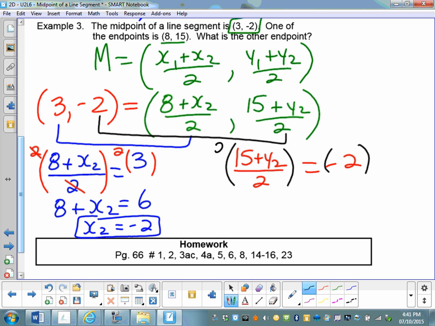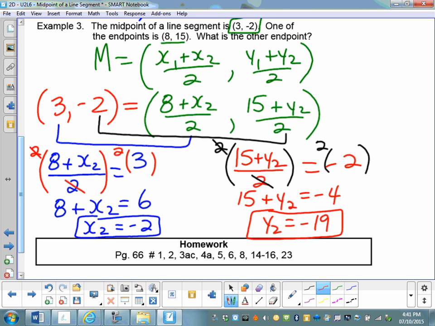I'll multiply both sides by 2. The 2's will divide each other on the left side here. So I'm left with 15 plus the second y value equals -4. And when I move that 15 to the other side and subtract it, I get y equals -19.